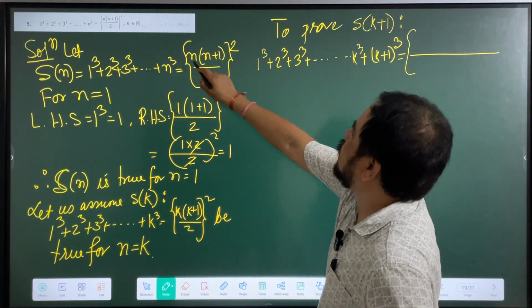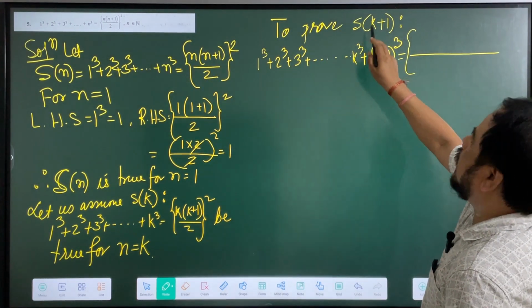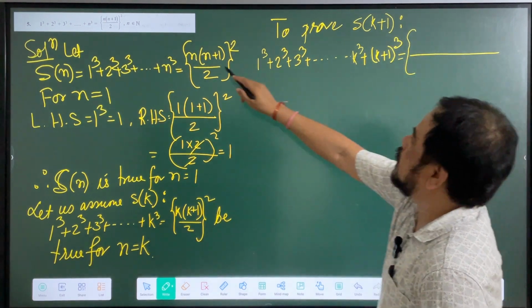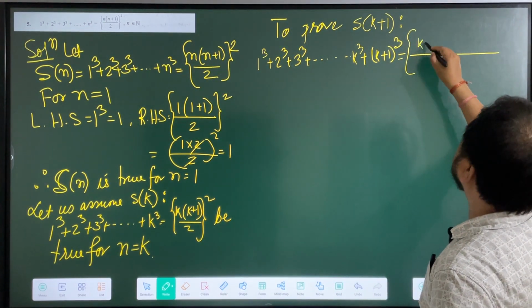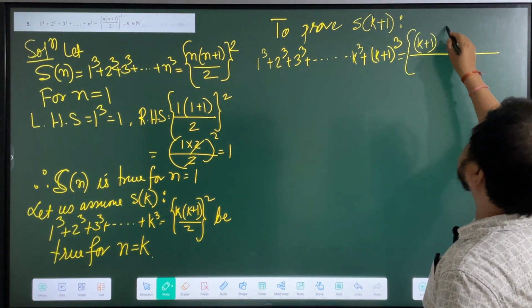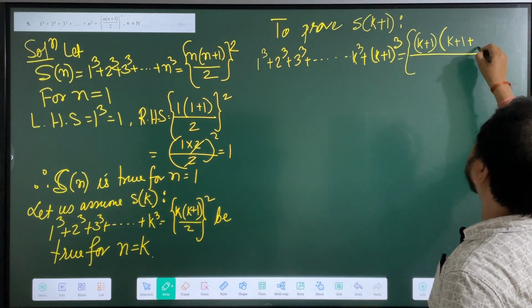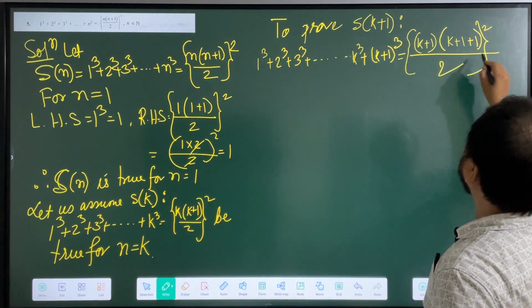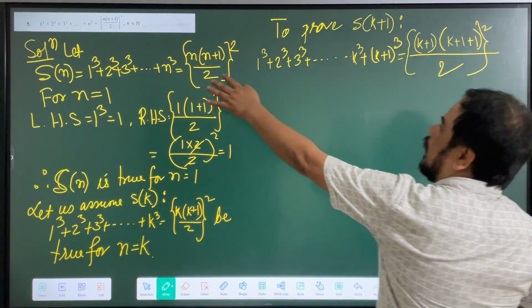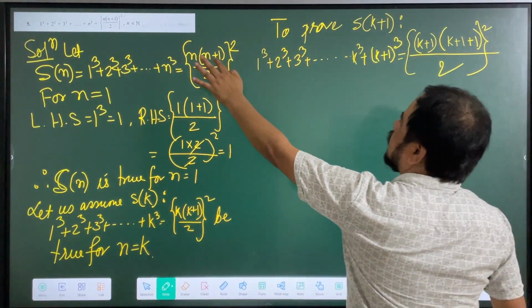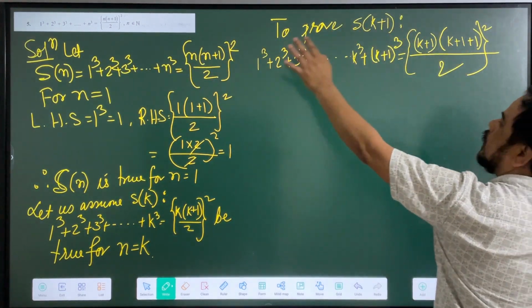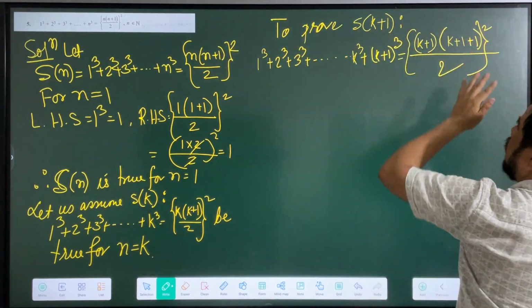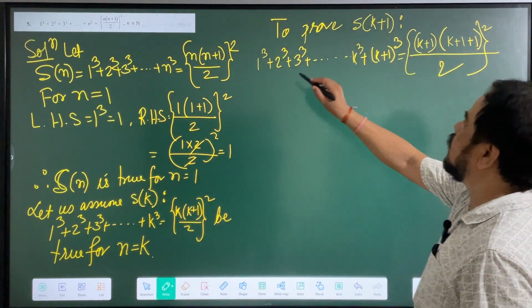So now n means k plus 1. First n is k plus 1. Second n also k plus 1, plus 1. So this is right hand side. This is left hand side.